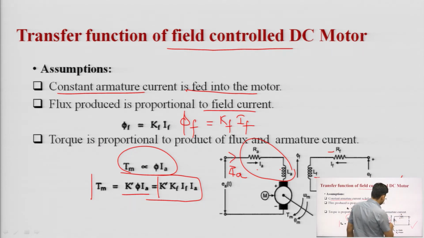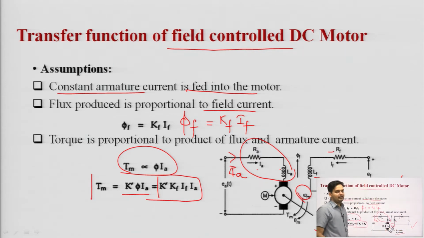If the rotor is rotating, then it will have torque Tm. Tm is the motor torque, it moves a certain displacement theta m, the angular movement, omega m is the angular velocity of the motor, where Jm is the inertial mass of the motor. Whenever it is moving, it will have a certain opposition force, that is the friction given by Bm.